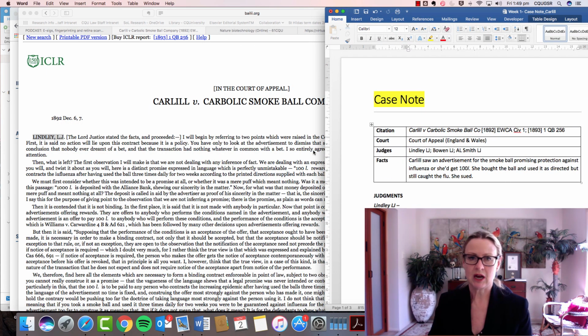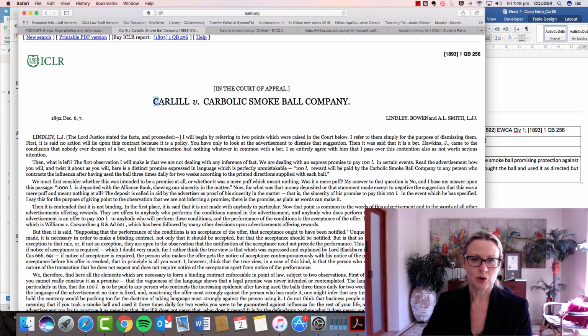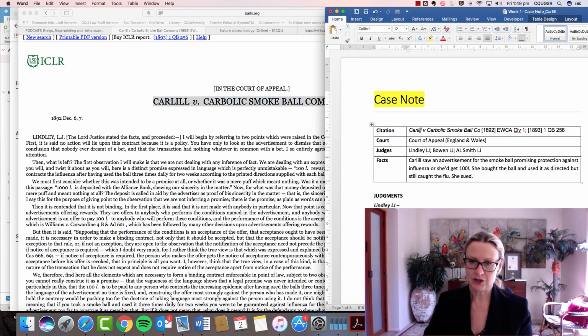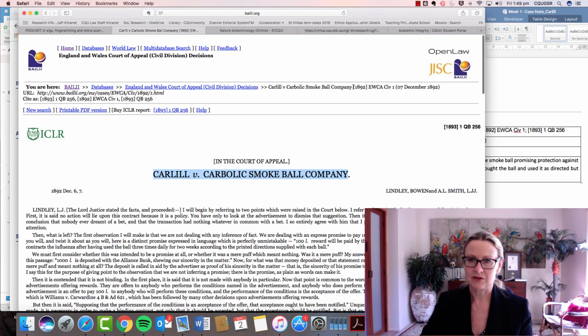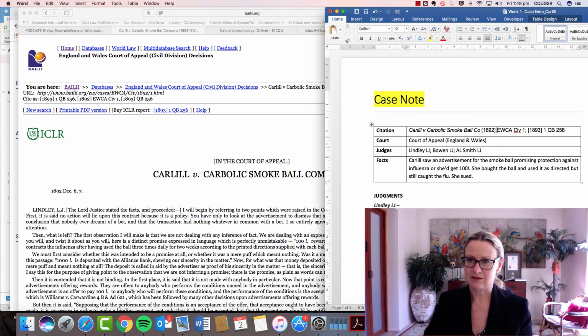If you have your document up at the same time as the case, it makes things easier because you can copy the case name and go across to your document and copy it into your case note. And you can go up here and the citation will be right there for you. You can copy that and then go across to your case note and dump that in there. So you don't have to be constantly typing things yourself.